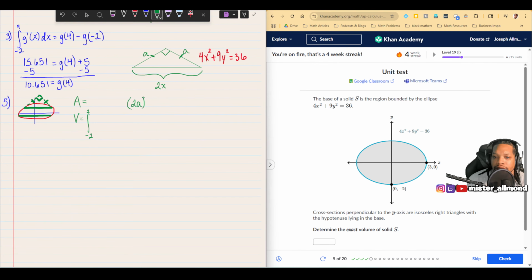Okay. So in that case, if I'm solving for A, I just divide both sides by 2. And get this. And then if I square root both sides, I get this. Okay, so I need to go 1/2 times that times that. So area equals 1/2 times 2x squared.